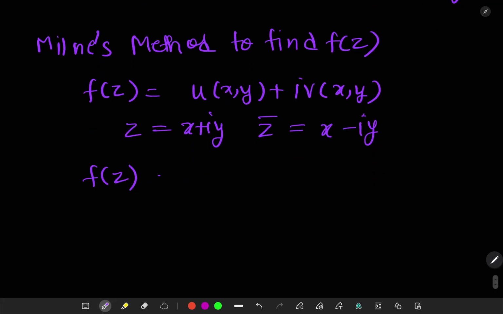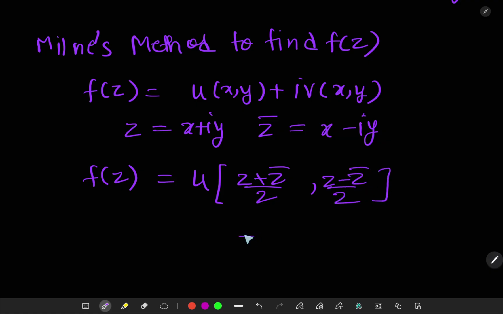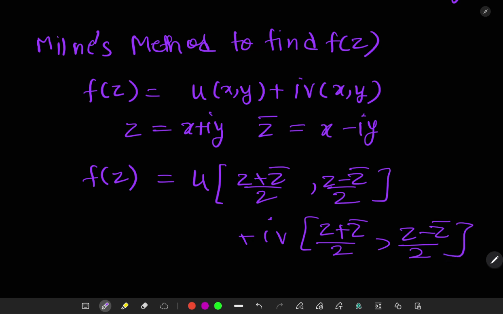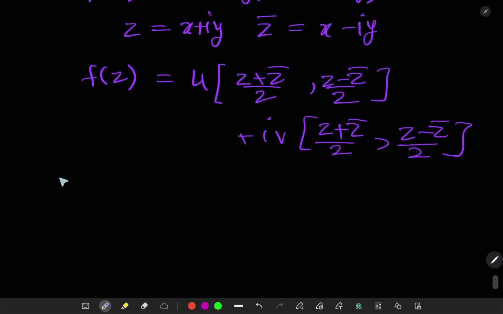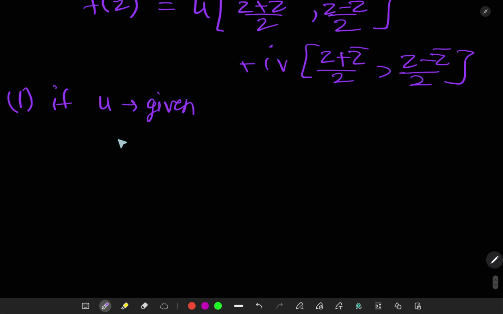So we can write here u of (z plus z bar) divided by 2 comma (z minus z bar) divided by 2, plus iota v of (z plus z bar) divided by 2 comma (z minus z bar) divided by 2. If u is given, this is case 1.